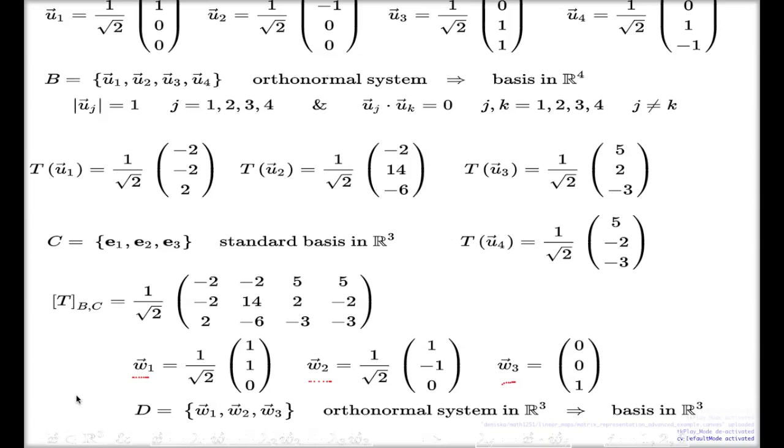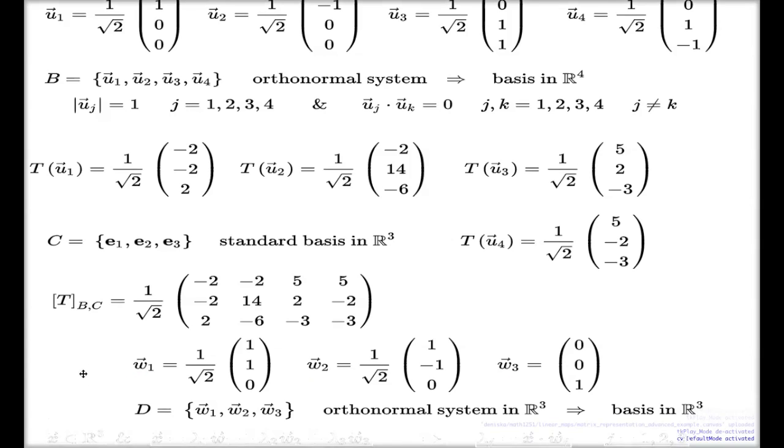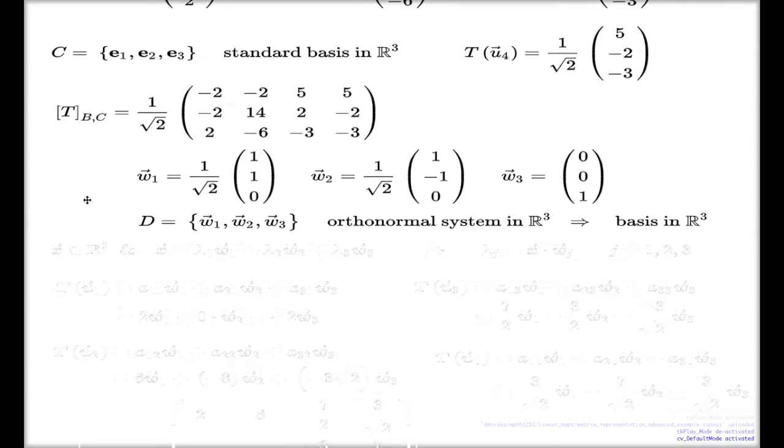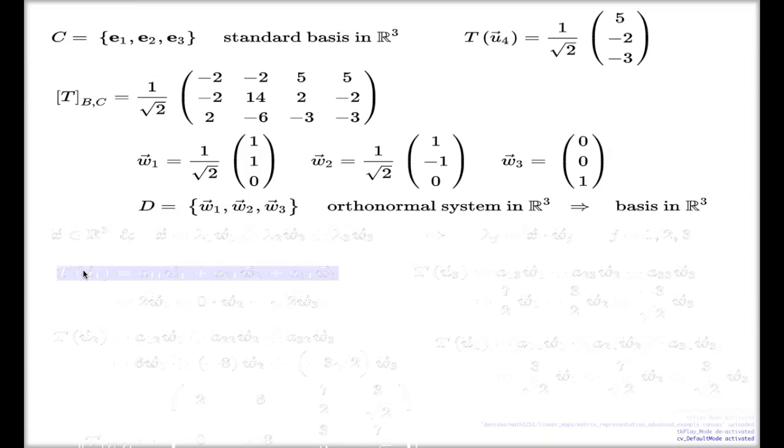So I need to find these unknowns. I have to take T of U1, and I have to find the unknown coefficients which give me a representation of T of U1 as a combination of W1, W2, and W3. Pay attention to the indexing I'm using.